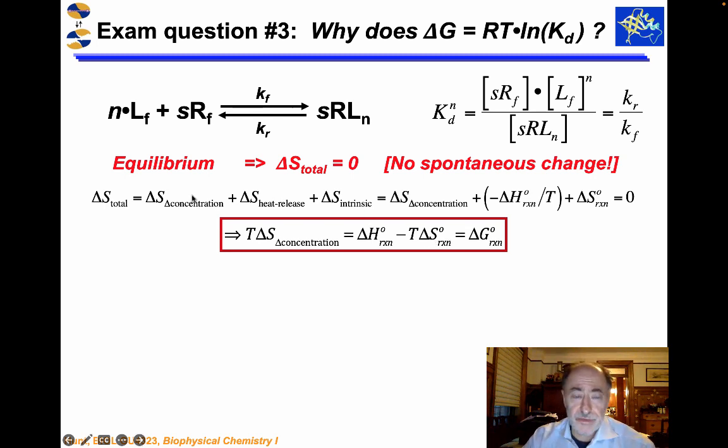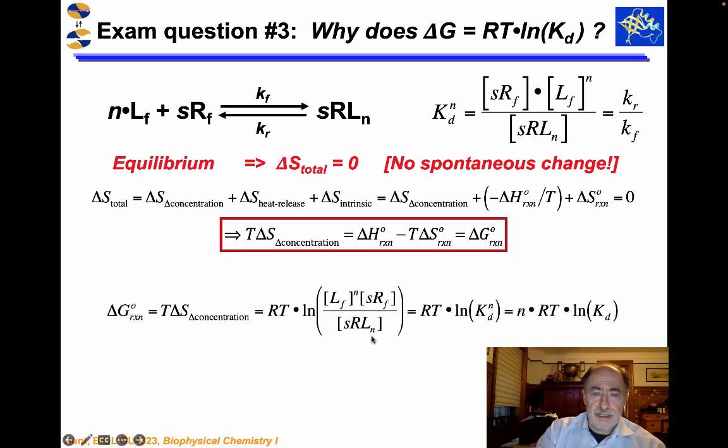So this simple addition of all the sources of entropy rapidly gets us to absolute temperature times the entropy change due to the concentration change is equal to the standard enthalpy minus absolute temperature times the standard entropy, which is, of course, the standard free energy of the reaction.